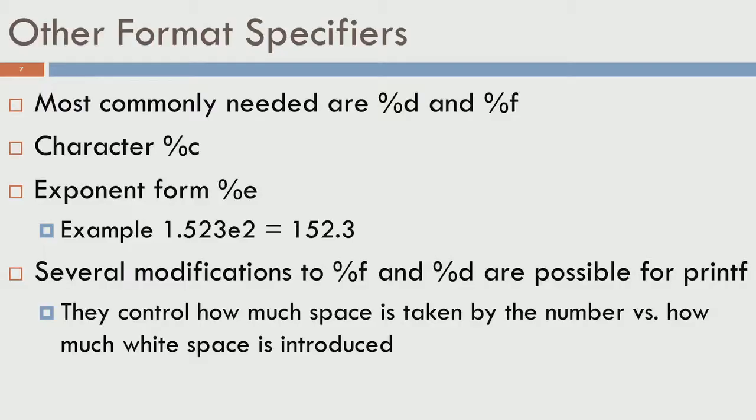This is useful in justification and so on. I am not going to cover how to have a fixed width of numbers, as that is beyond the scope of this lecture. I suggest that you read up a book on C to get more details.